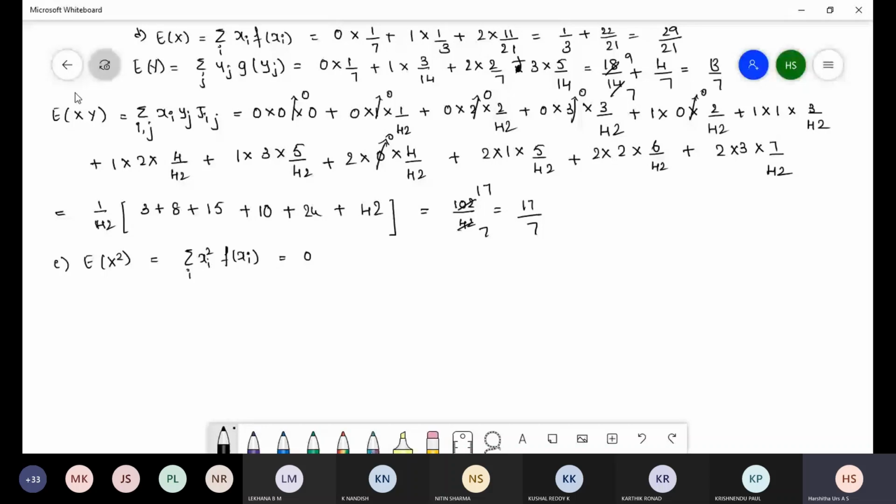So here we get 1 by 3 plus 44 divided by 21. Again LCM is 21, 44 plus 7, that is 51. Again 3 17s are 51, 3 7s are 21. So 17 by 7.